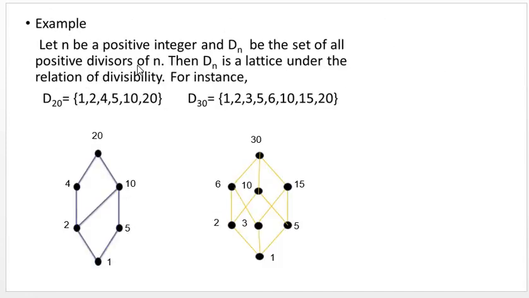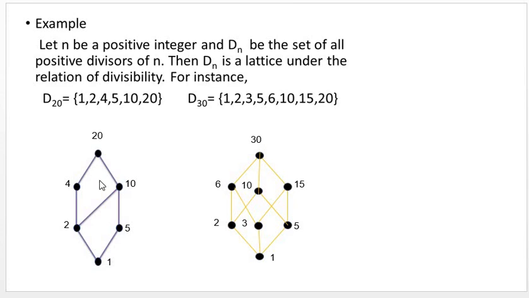Let n be a positive integer and Dn denote the set of all positive divisors of n. Then Dn is a lattice under the relation of divisibility. For n equal to 20, consider D20, which contains the elements 1, 2, 4, 5, 10 and 20, which are divisors of 20.